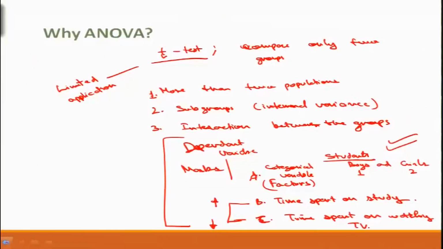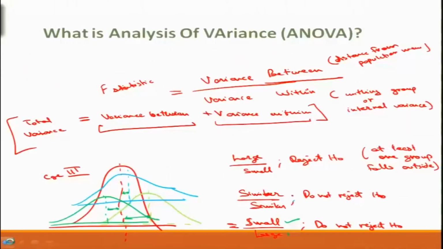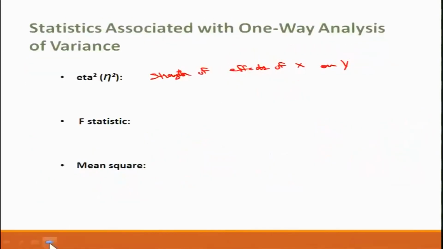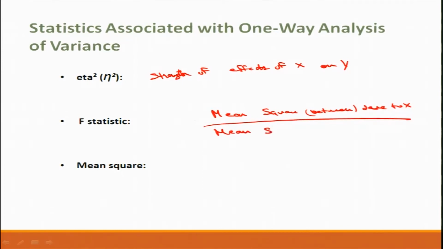Now, F statistic is nothing, as we just discussed. It is the ratio between the variance between and variance within. So, in an ANOVA table that we will just see, we have mean square between, that is mean square due to x, and mean square within, that is within group, that is due to error.